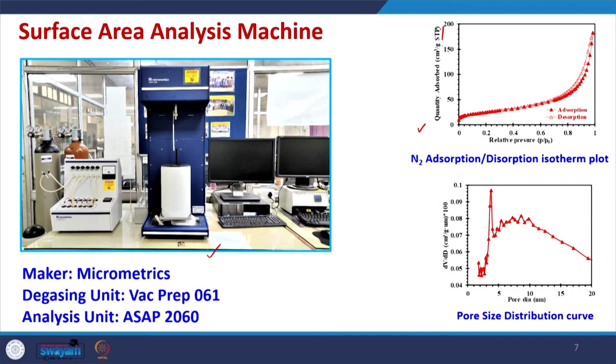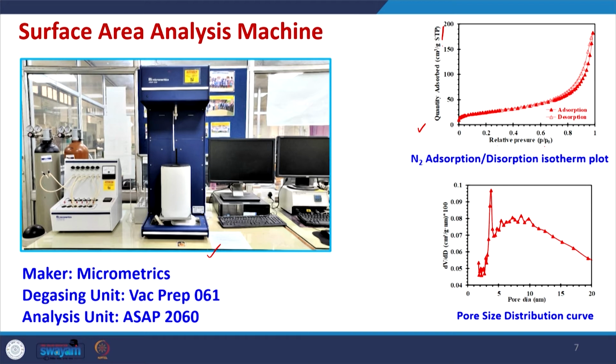For gas phase separation, whenever gases are involved and we are reporting any volume, we should always report the temperature and pressure also. The common thing is to use standard temperature and pressure, so triple point of water conditions have been used for reporting the quantity adsorbed. Relative pressure is in the range of P by P0, and this type of apparatus can be used for performing this test.